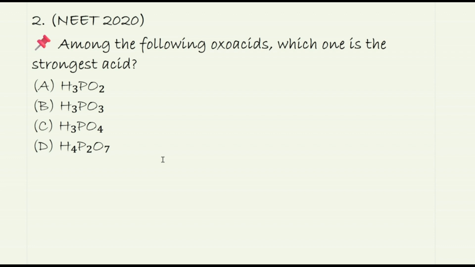The strongest acid will have which property? The acidic strength of oxo acids depends on the oxidation state of the phosphorus. Think about the oxidation state of phosphorus in each of these options.